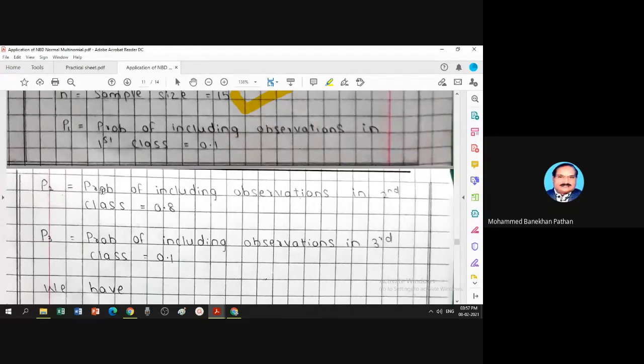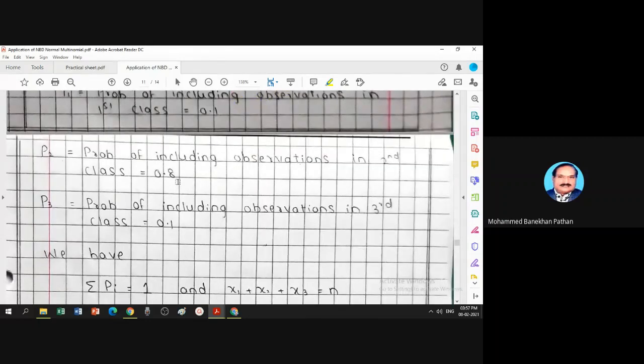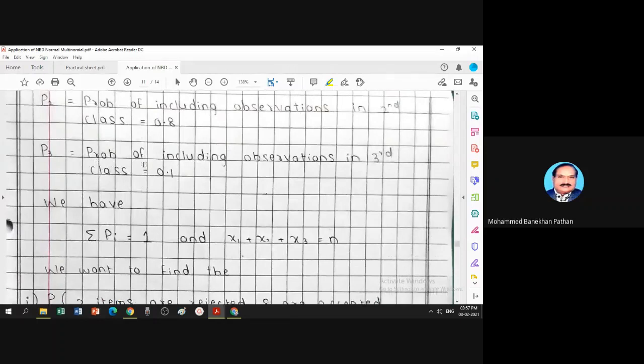P2, probability of including an observation in the second group, the group of acceptance, is given to be 80%, so 0.8. P3, probability of including an observation in the third class, that means an item accepted by doing some rework, 10%, so 0.1.